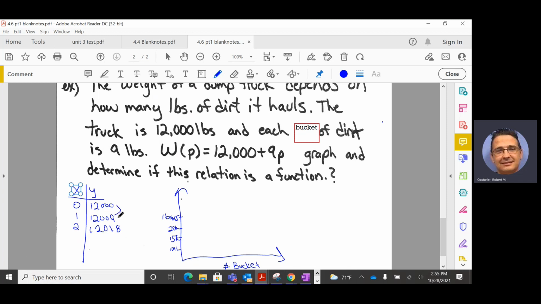Remember, we just talked about this in our other lesson. Every time this increases by 1, our y's are increasing by 9. So 1 bucket, 2 buckets. This is really an off graph, but we probably should have picked much bigger numbers to plug in. We were trying to make it easy on ourselves, right? Here's 10,000, and 2 would be barely any change.